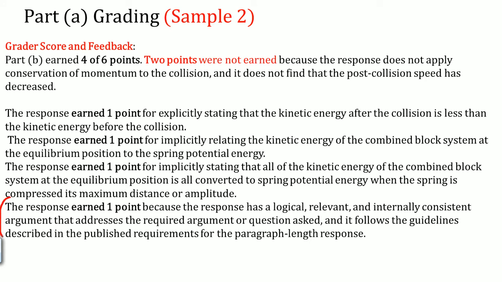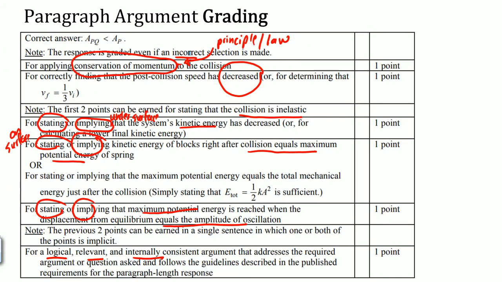Lastly, notice that the student does earn the point for the response that is logical, relevant, and internally consistent. So let me show you what the grader actually did. The grader saw this, and the grader's like, nope, nope here. But the grader was like, okay, it earns all 3 points here.